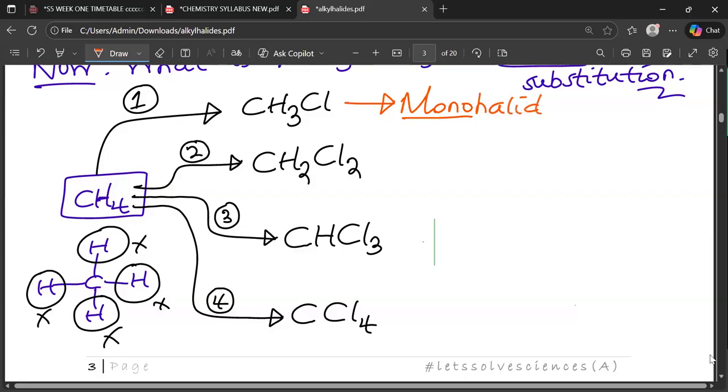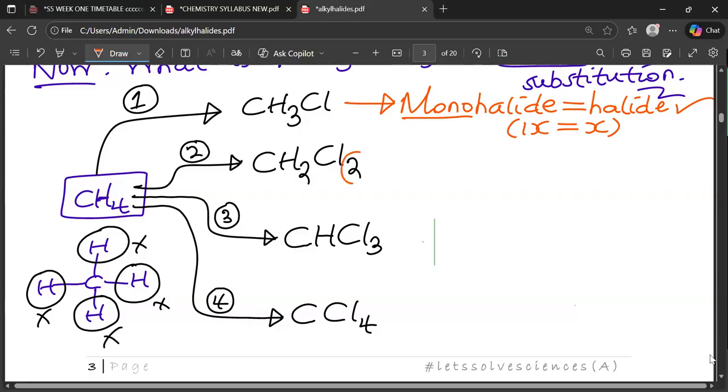Monohalide is the same as saying just halide. Just like you say, instead of saying 1x, you can just say x. It'd be like a repetition. 1x and x are the same. So monohalide and halide, we assume they are the same. And in this case, it is a chloride.